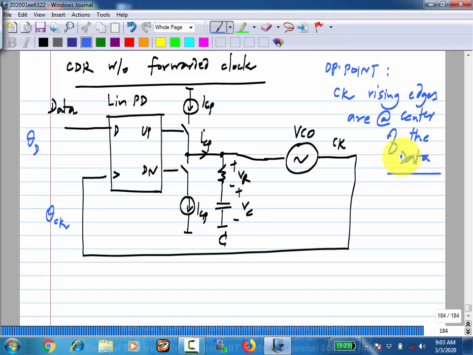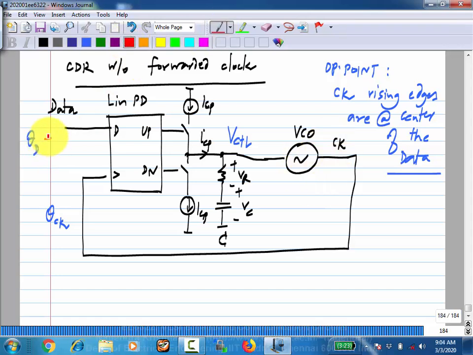Okay, so it is locked correctly. Now, that is by definition our zero phase. All the increments are evaluated above that operating point. Okay, and there will be some control voltage here which will bring the VCO to the right frequency.